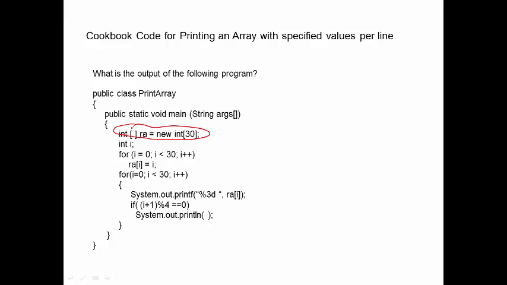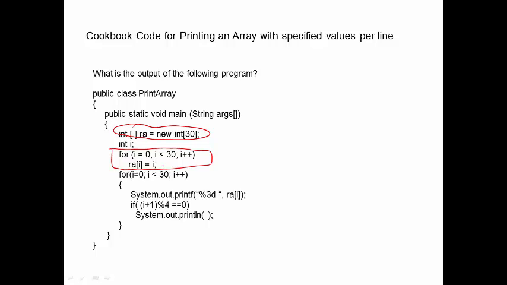The first for loop is a one-liner for loop, and it's going to start at I equals 0 and go up to and include I equals 29. That's the last subscript in an array of length 30, I++, and it's going to populate the array with this one-liner, array subscript I equals I. What exactly is that going to do?